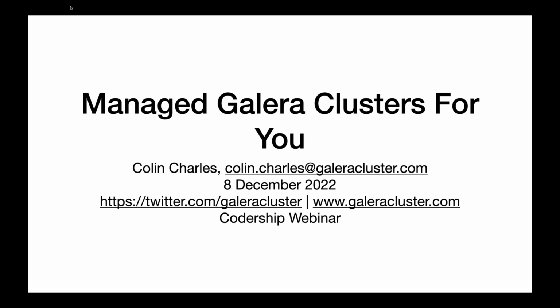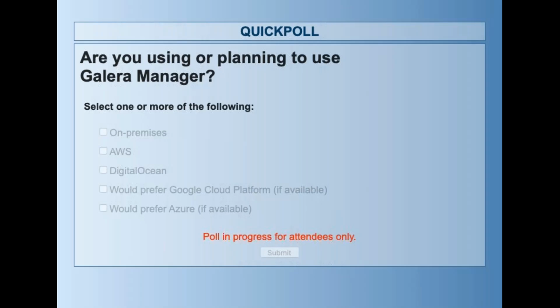The first poll for you to answer on the screen is like this. So are you using or planning to use Galera Manager on premises, AWS, DigitalOcean, or would you prefer to have it on Google Cloud Platform, or if we would have a support for Azure?